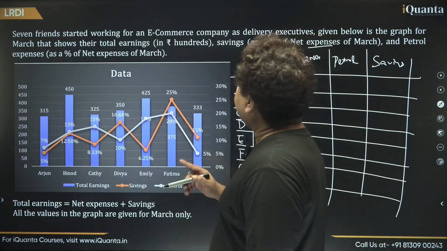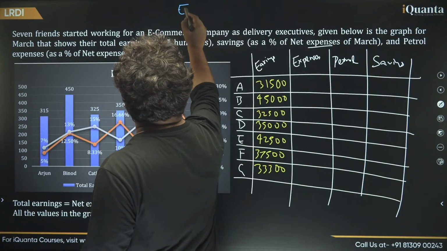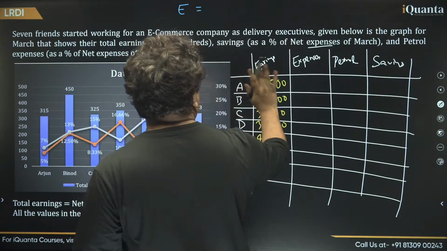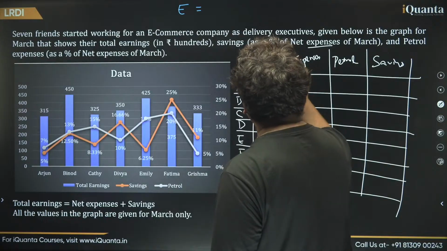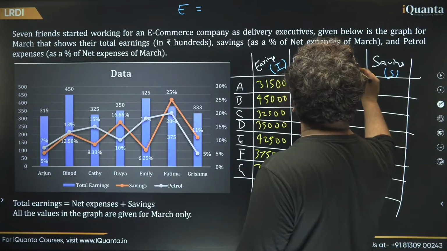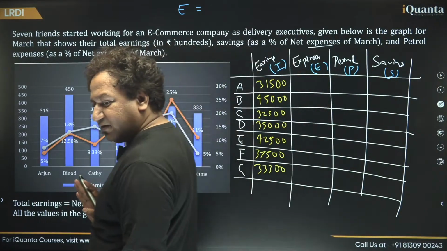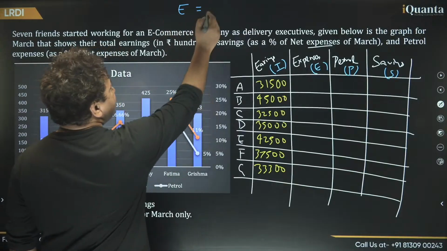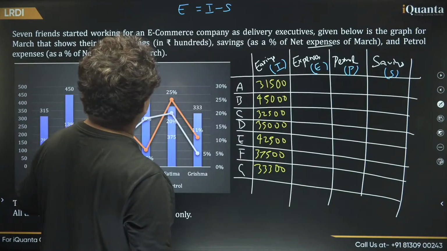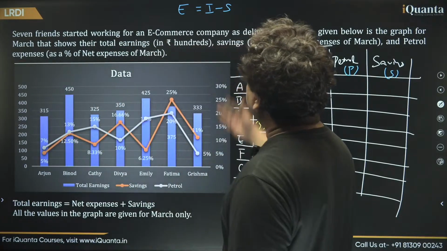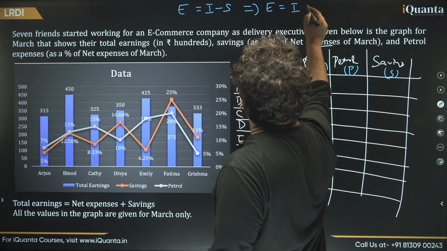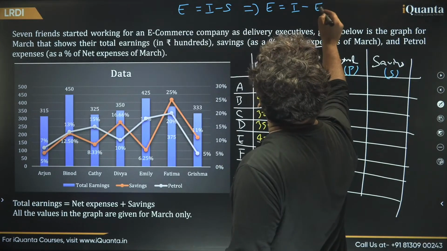So let me assume that net expenses are E. I'll represent income by I, expenses by E, savings by S. For petrol, I'll be using P. That is my notation here. So, expenditure will be income minus savings. We know that. That's right. 5% of the expenditure is basically savings. So, can I say E is equal to I minus E by 20? Do you understand that?